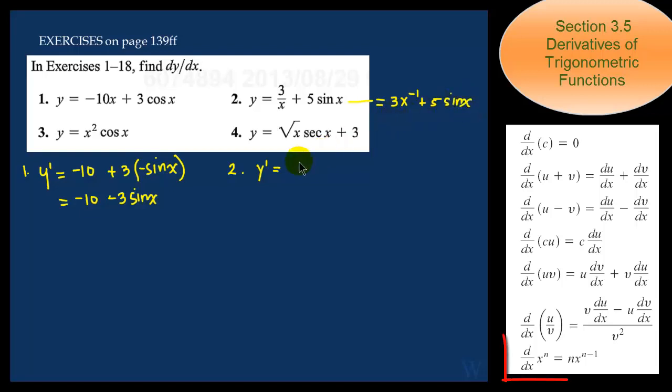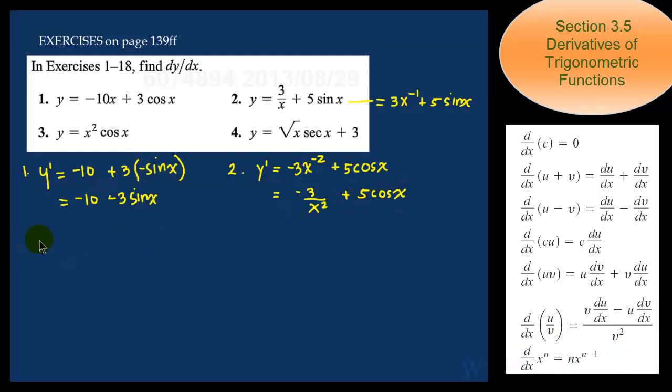And then we use the power rule, bring down negative 1, we'll have y prime equal to negative 3 times x to the negative 2 plus 5 times, what is the derivative of sine x? It's equal to cosine of x. So that's equal to negative 3 divided by x squared plus 5 times the cosine of x.